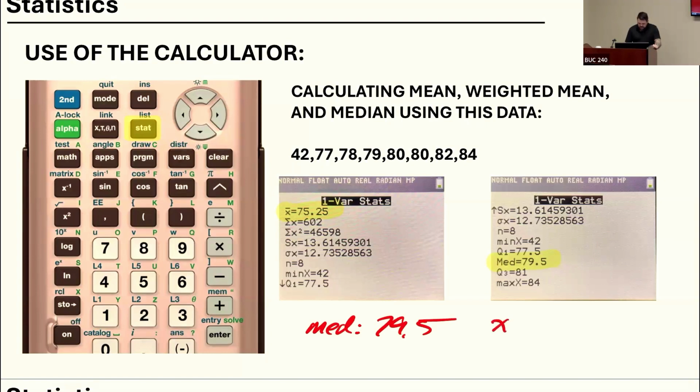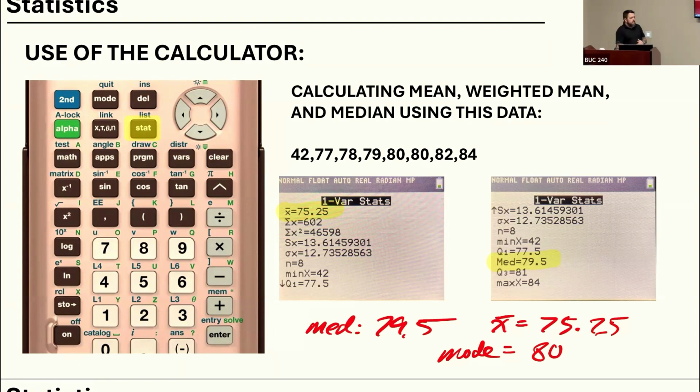So my X bar is 75.25. And then our mode is what? The mode we actually have to go in and look at though, don't we? So what is it? 80. 80, exactly. And it is just one mode. You can say it unimodal, however you want to say it.